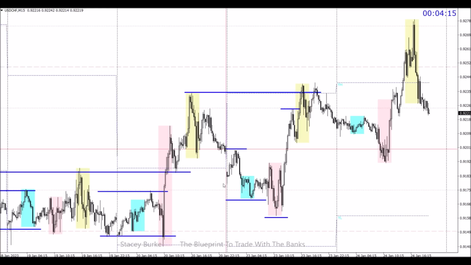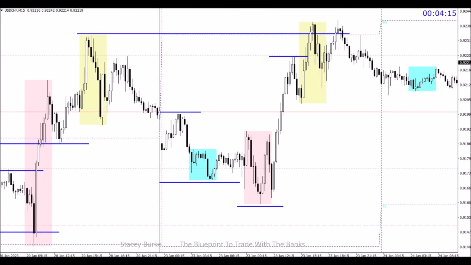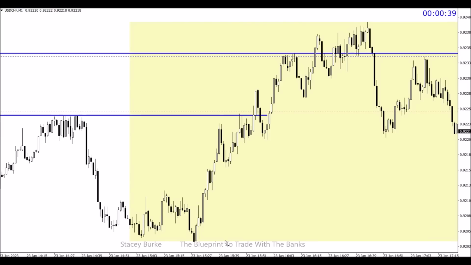So there may have been a shorting opportunity at the high of the day. This high of the day bull candle, we'll zoom in, is 9:30 closing time. So the New York market has now traded to the high of Friday at the open of the New York session.